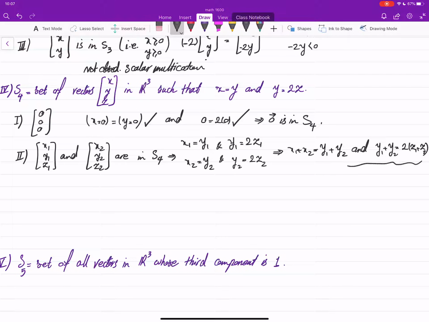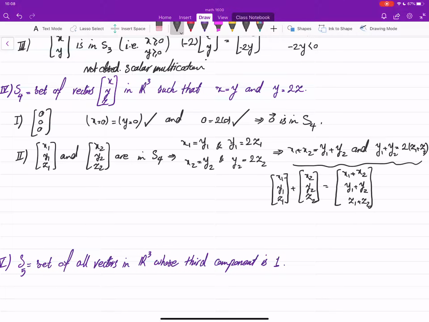But what are these? These are the components of the two vectors that we started from in the beginning. So it is basically the addition of x1, y1, z1, and x2, y2, z2.